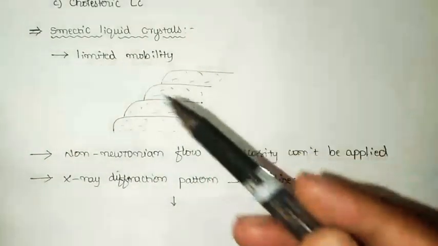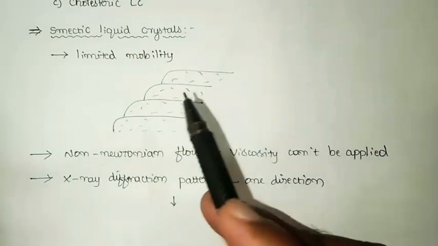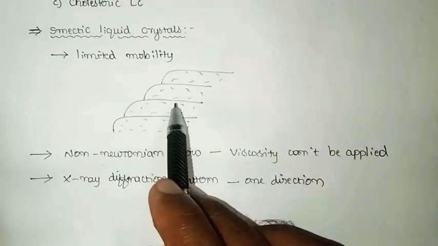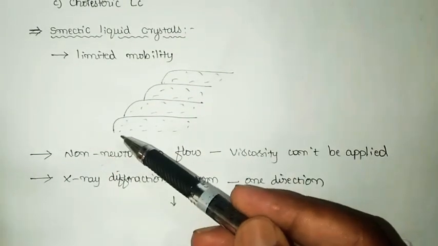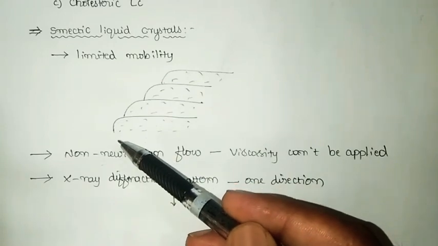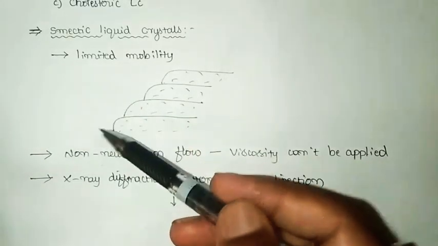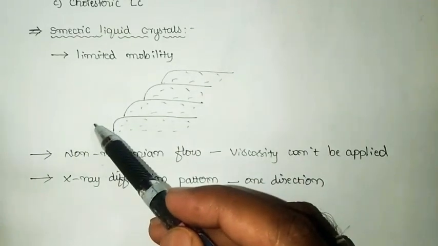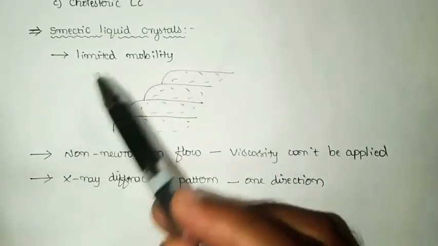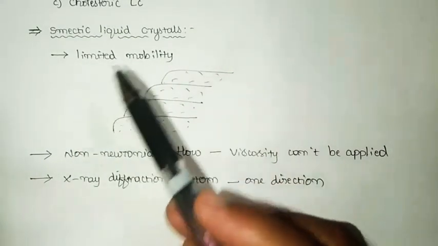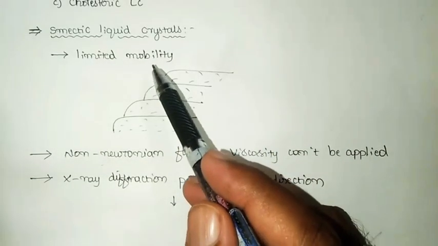And in case of liquids, we use a term called laminar flow. As you move up from the fixed layer to the mobile layers, there occurs an increase in the velocity, and that's what we call the velocity gradient.